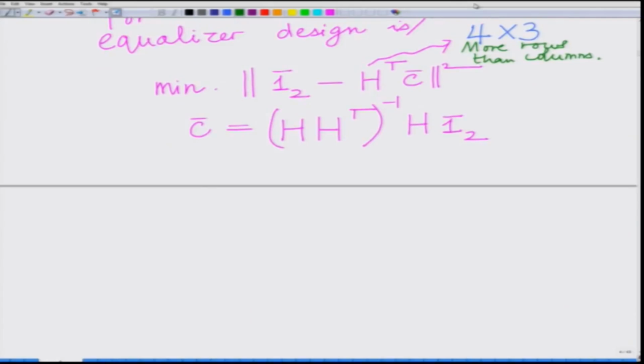Anyway, coming back now to our equalization problem. So, now the equalizer can be designed by substituting these matrices H and 1 bar 2. So, now let us look at this product H H transpose.